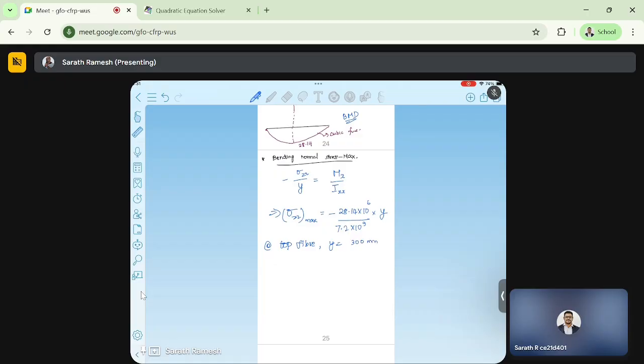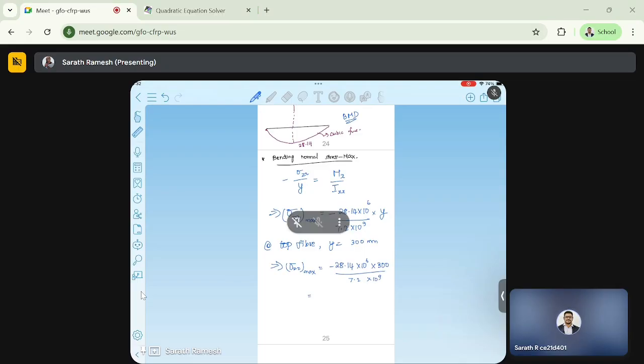mm. Okay. So sigma ZZ max value will be minus 28.14 into 10 power 6 into 300 divided by 7.2 into 10 power 9.